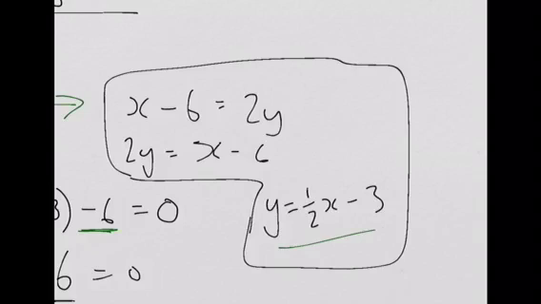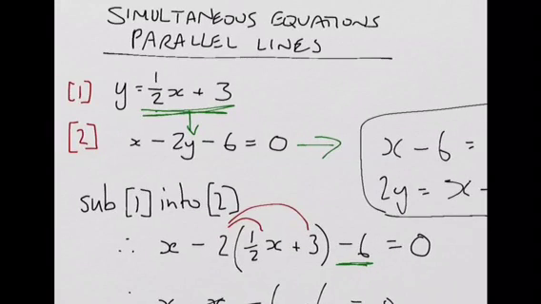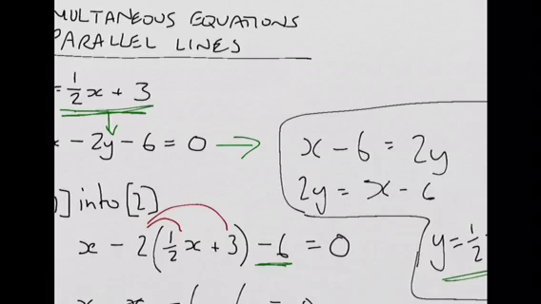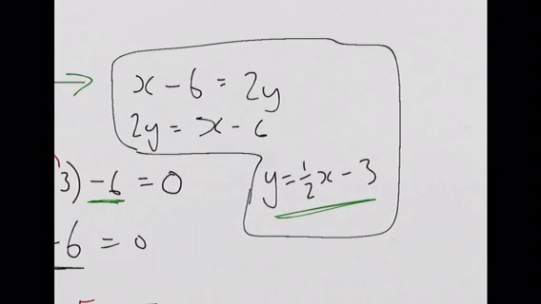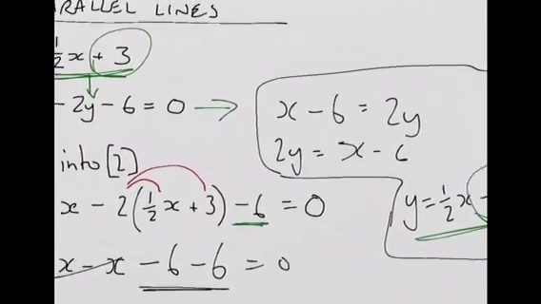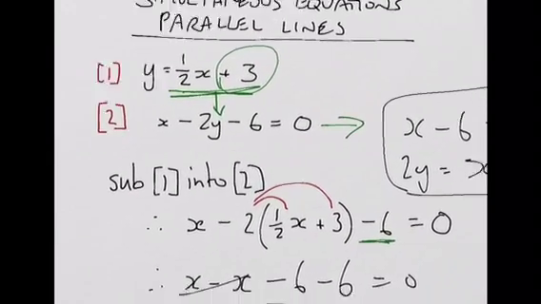So if you look at this equation, gradient is half, and our original equation, gradient is half. One goes through the y-intercept positive 3, one goes through the y-intercept negative 3. So you can see, once you arrange them into the same form, they are actually parallel lines.